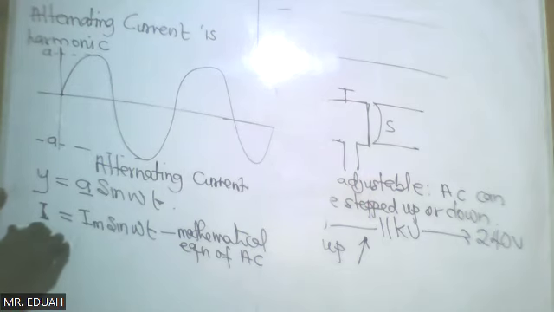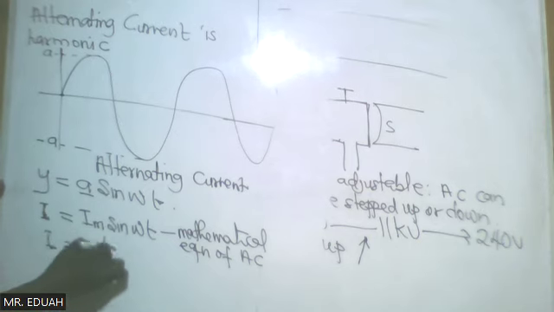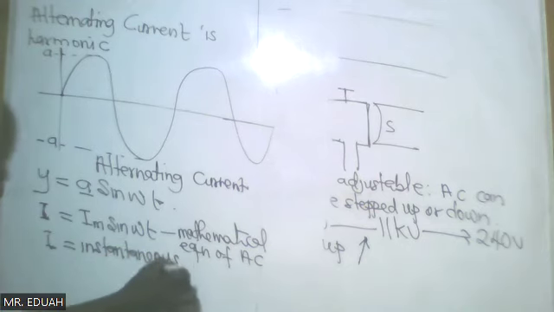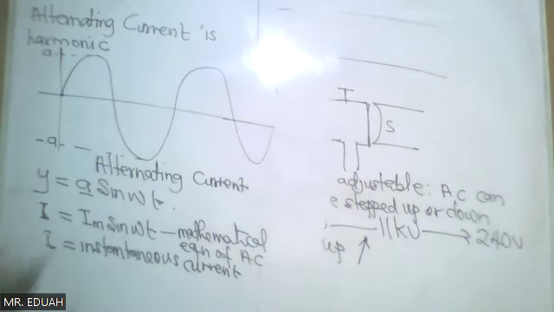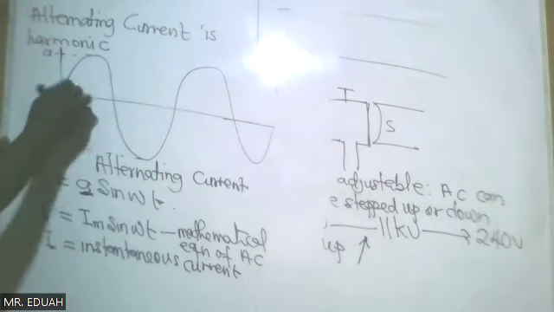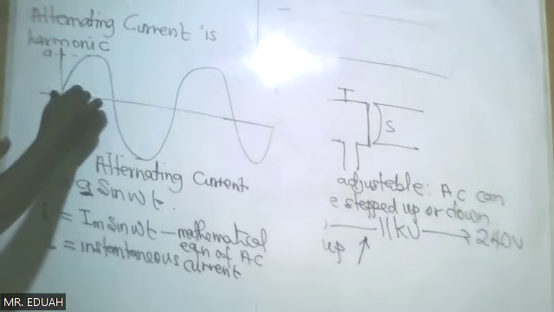We said y is the displacement at any time t, so the instantaneous displacement. We call this I the instantaneous current, meaning current within a given time t. Over here, what is A? A is the maximum displacement, measured from the equilibrium position to the crest.